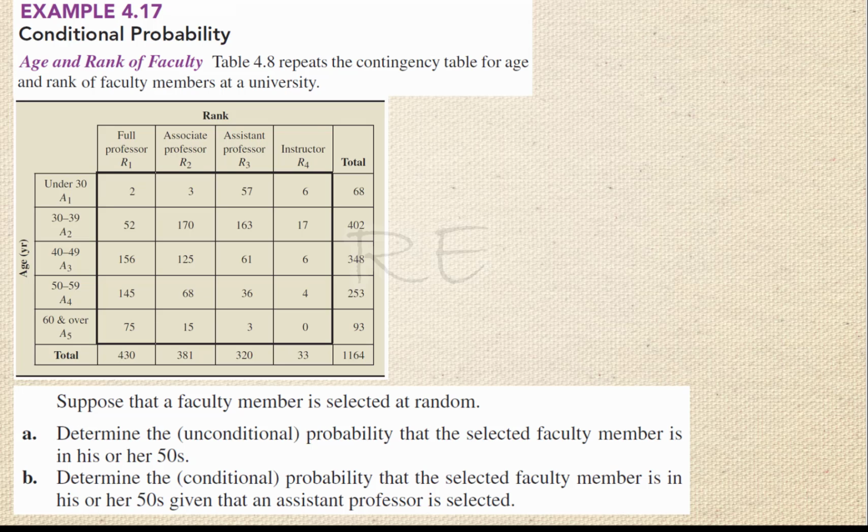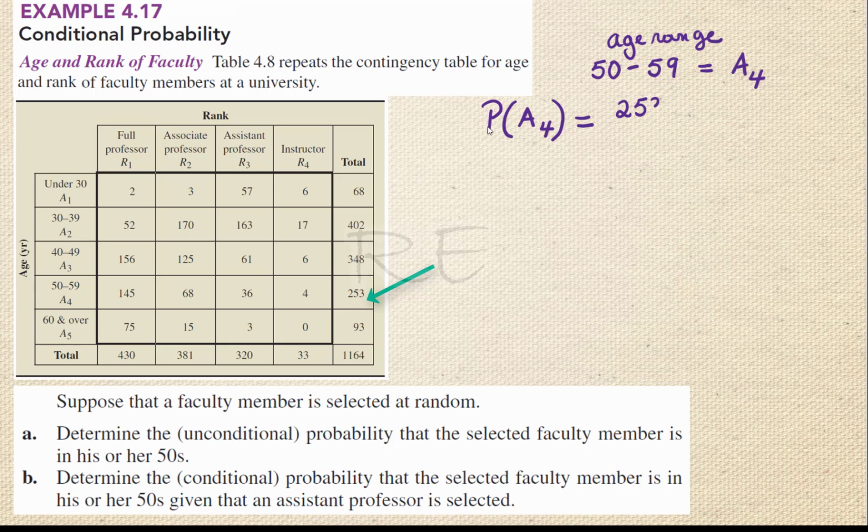We need to determine for A the probability that a faculty member is in his 50s. The age range 50s is symbolized by A4. So P(A4), the unconditional probability, is equal to the total number of faculty members in A4, 253, divided by the total number of faculty at the university, 1,164.